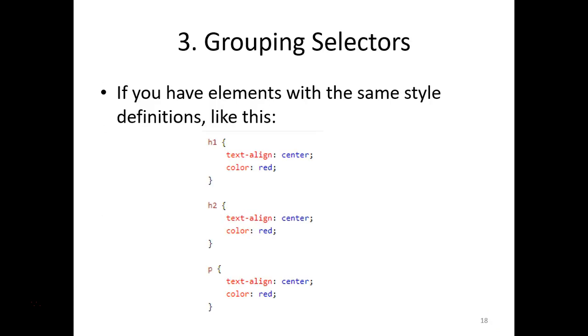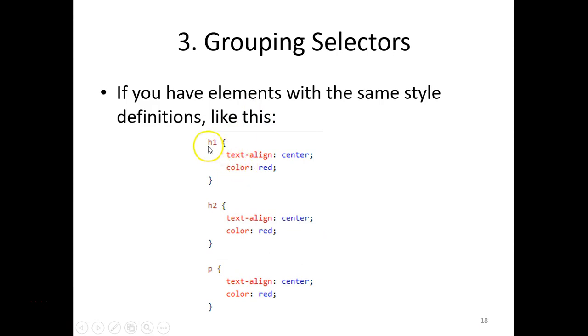The next selector is called grouping selectors. Here we can have elements with the same style definition. For example, here I have grouped the selectors h1, h2 and p. So here you can see that h1, h2 and p would otherwise have three different definitions.